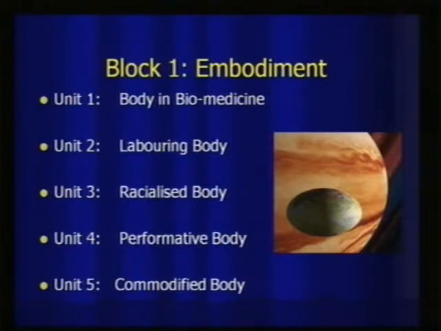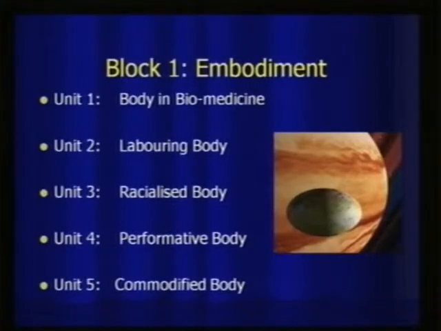The first unit is body in biomedicine, which precisely talks about how the discourse of science and power construct the human body. The second unit is laboring body, which talks about how men and women occupy various forms of laboring body.